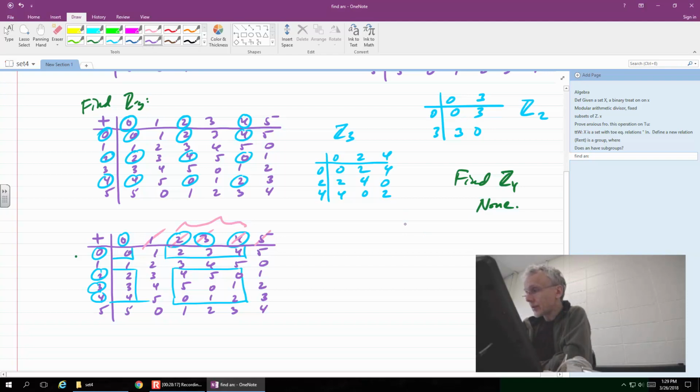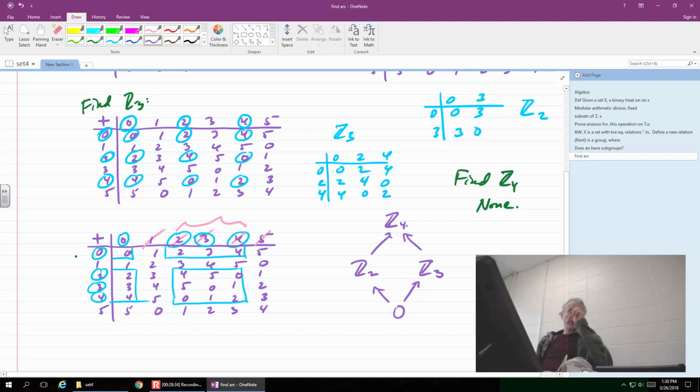So in fact this is how it is written. Z6, which way do we go? Let's go up. 0 is a subgroup of Z2, is a subgroup of Z3, and both of these are subgroups of Z6. Okay, so this is a hierarchical structure of subgroups of this group.